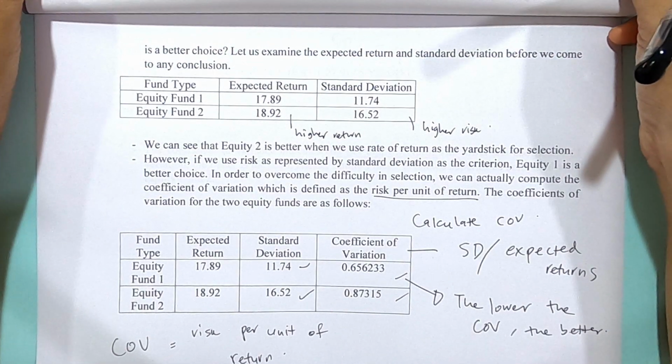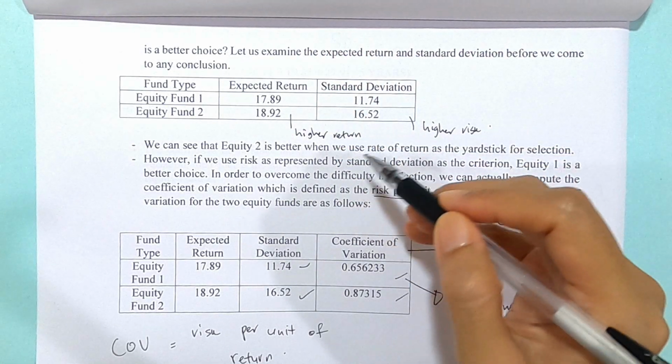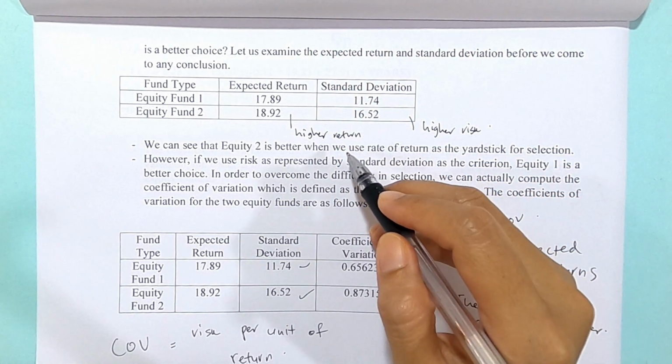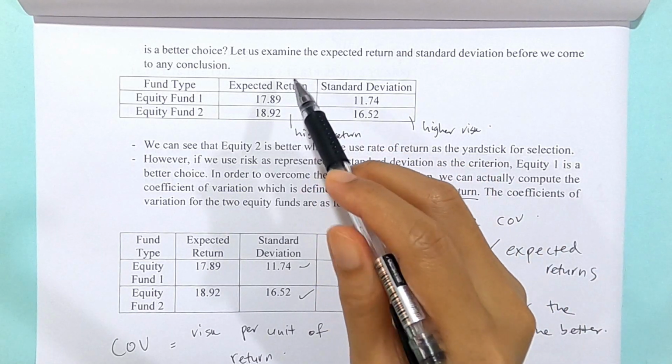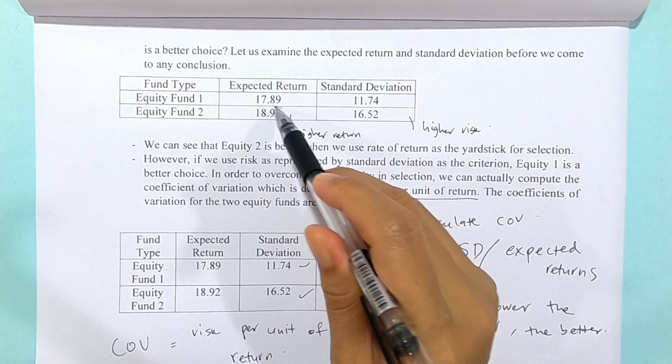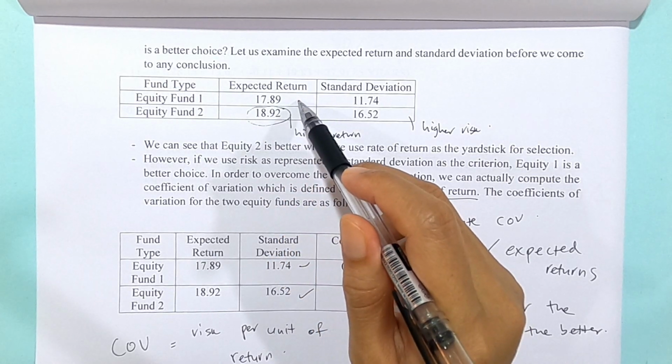Therefore, let's try to calculate the expected return and standard deviation to identify which equity fund we should invest in. We can see that the expected return in fund 2 is higher when compared to the expected return in fund number 1.